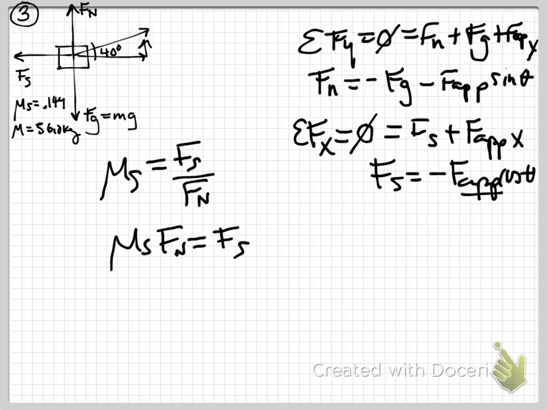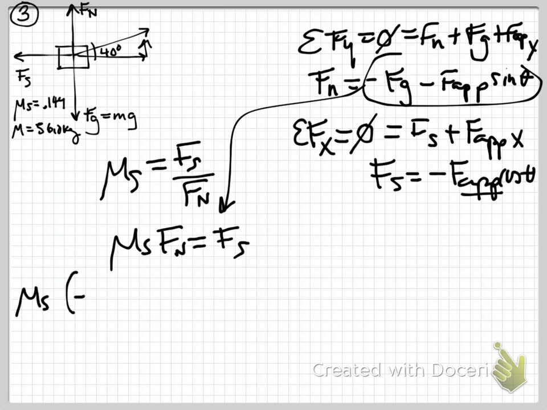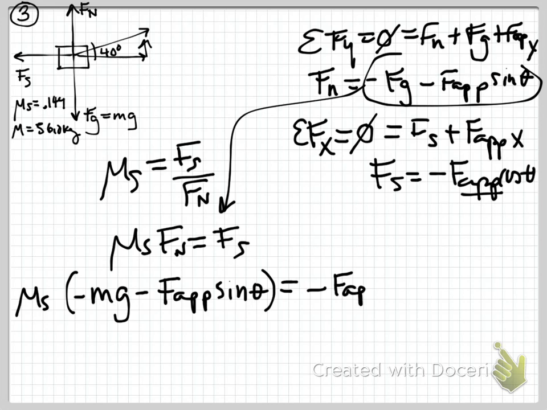So what I did was I plugged this into here, into this. So I have mu s times negative, and of course this is mg minus force applied sine theta equals negative F applied cosine theta, because I took this and subbed it in for that.